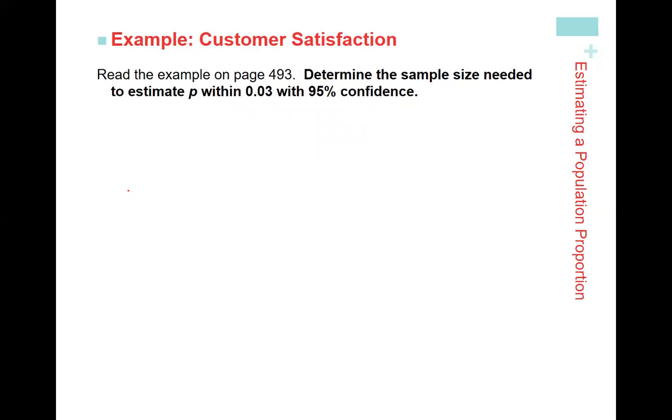So margin of error. We want to constrain the margin of error. So we have margin of error equals our z-score times the standard deviation formula, p hat times 1 minus p hat, all over n.